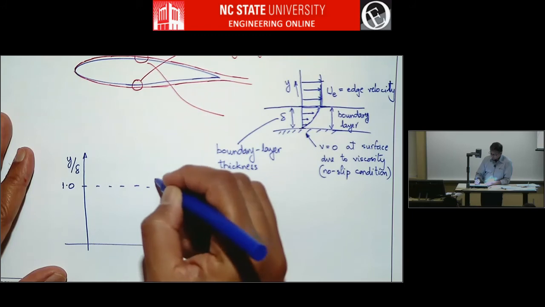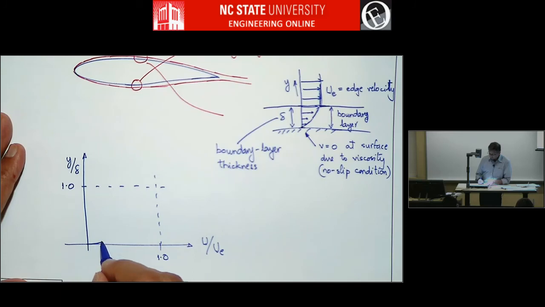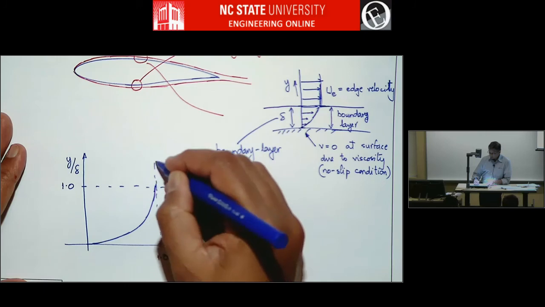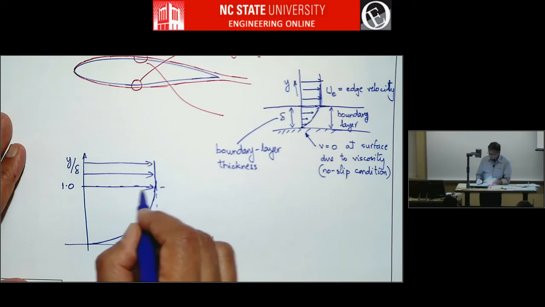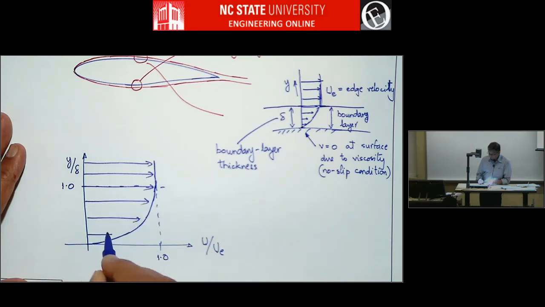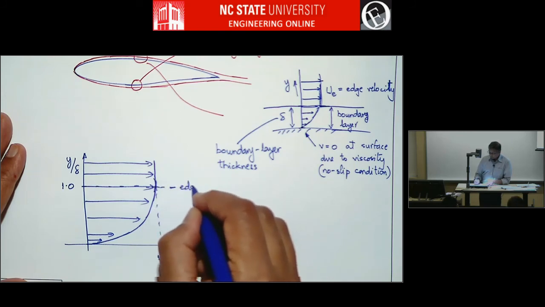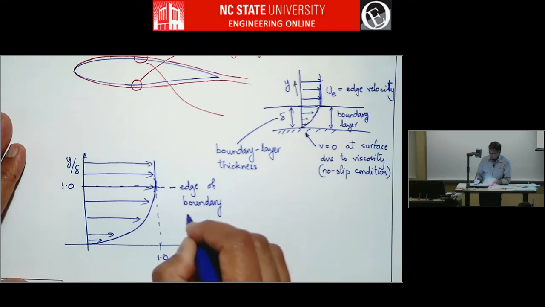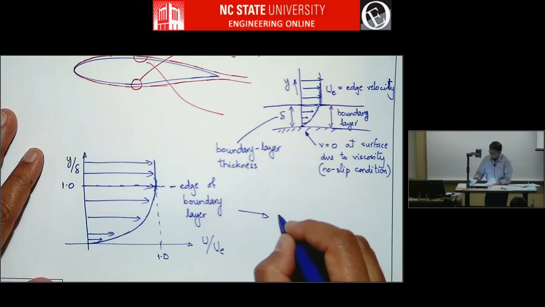At the edge of the boundary layer, these two become 1, and the velocity increases from 0 here to 1 at the edge of the boundary layer, and after that it stays at UE. And this diagram is called a velocity profile diagram.